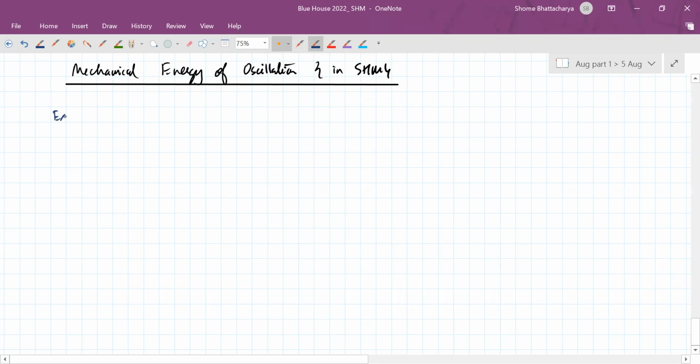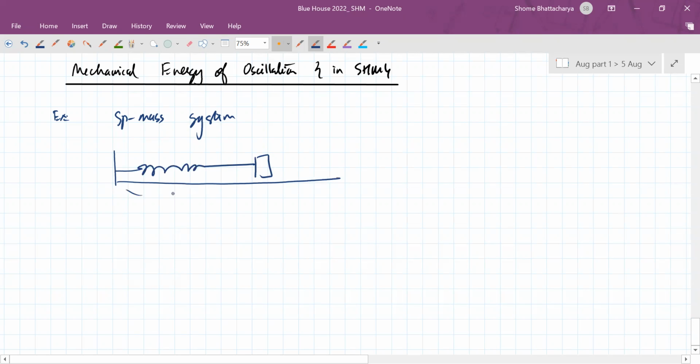So at any general time t, whether the spring is extended or compressed, I'll take the case where it has an extension of x, and the block could be moving in either direction, it doesn't matter. So at some time t, this is happening.